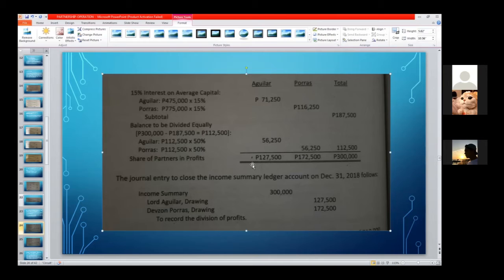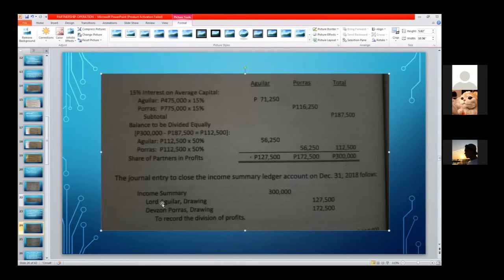Share of partners in profits. And then, total overall nila is 300,000 pa rin. O, kung ano nakuha nyo dito sa baba, ito na yung ilalagay nyo sa entry ninyo. Ayun, no? Income summary na 300,000. Tapos yung drawing nila. Diba? Madali lang to. Madali pa tong part sa interest.